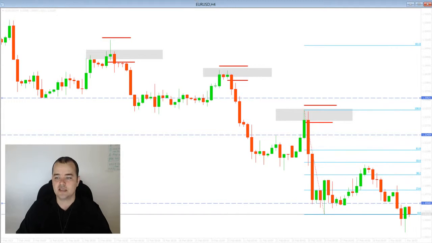Now, this one didn't get up to the 50 to 61.8, however, it got pretty close. So you can actually trade this between the 38.2 and the 50, if you like. That's up to you. I just find that when it gets up to the 50 to 61.8, it sells off really, really well. However, you can do what you want.